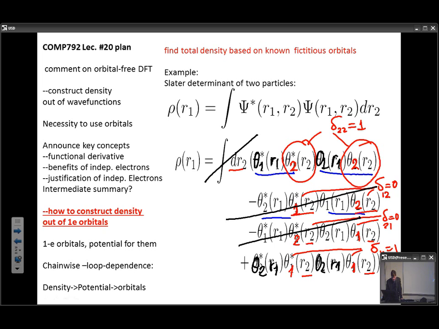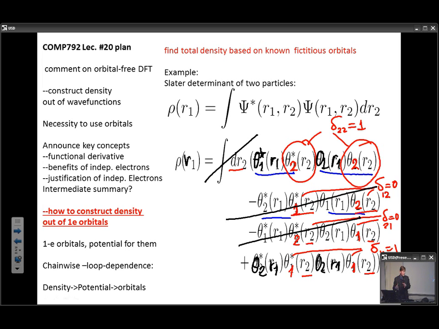The only remaining terms depend on the variable R1, which was our original setup. And we do not have any crazy cross terms. We have just a product of one-electron orbital conjugated to one-electron orbital. So it is a very helpful, very useful result.